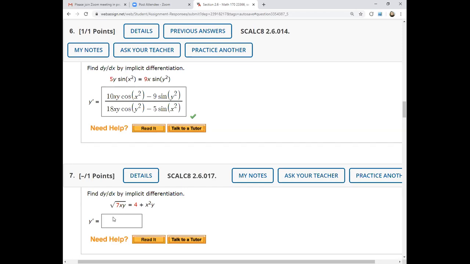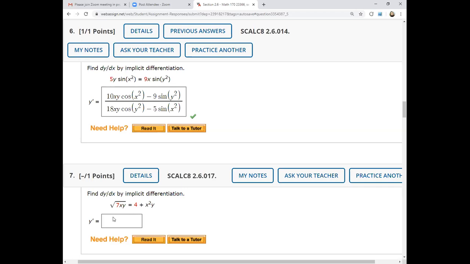So I'm going to go ahead and move the terms that don't have a dy dx. This term has a dy dx, and this term has a dy dx in it right here, so I need to move those together.